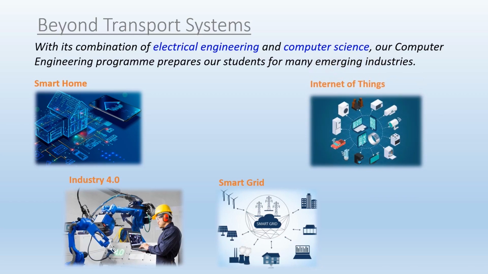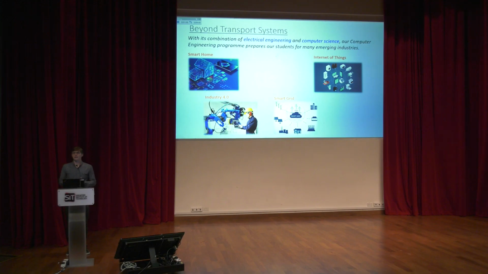Then we have, of course, the big buzzword from the past years, Internet of Things, right, which basically describes the connection of all of our small electronic devices with one another, and basically also all the possibilities and opportunities which these changes bring in our everyday life.